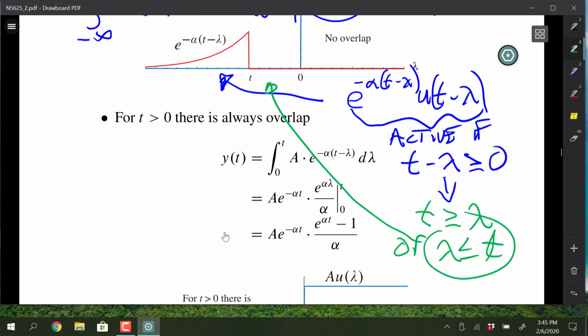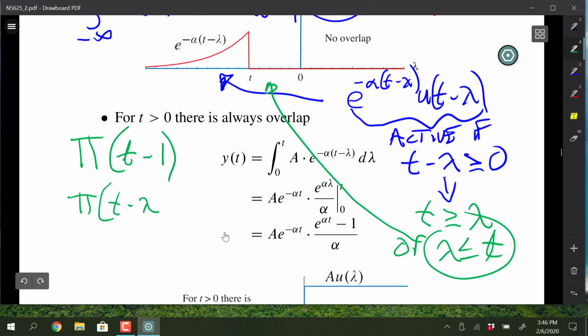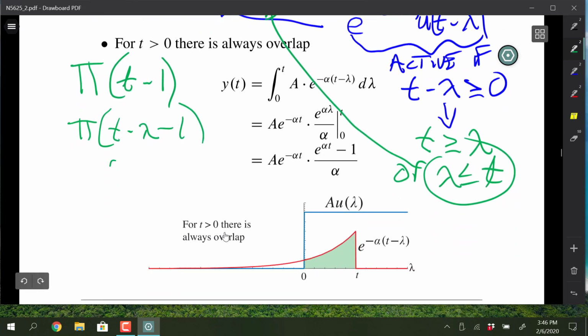If I was flipping over a pulse, though, suppose it was a pulse t minus 1, then it's a little bit more complicated, because when I put this in the form of pi of t minus lambda, that's my substitution for t, and then I put minus 1 in there, then I have to say t minus lambda minus 1 is going to lie between minus 1/2 and plus 1/2.